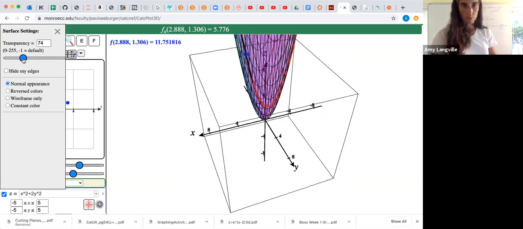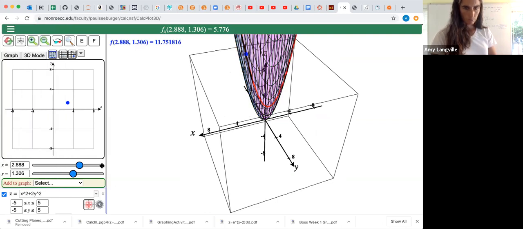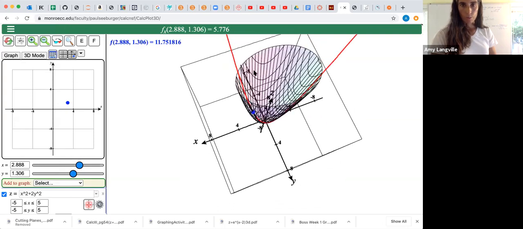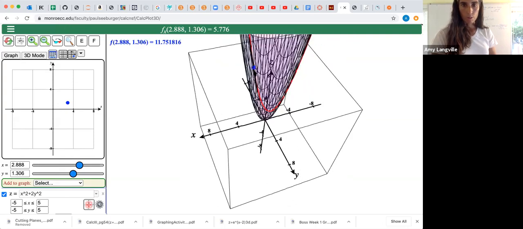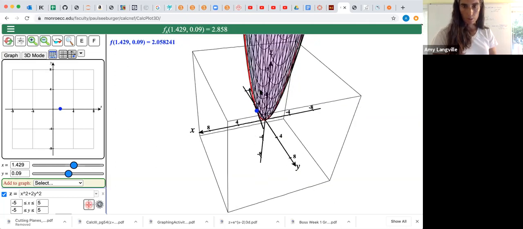So making the surface a little more transparent so we can see through it. And from the top. There we go. Then you can see a little bit better that way.